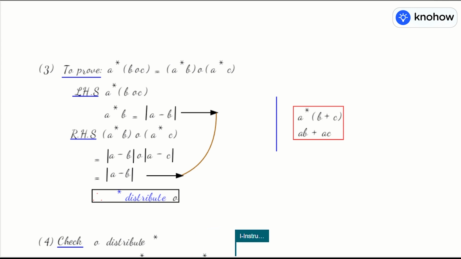Okay. So take the left hand side, A O (B star C). Whatever B star C may be, the first element is A, so you get A.